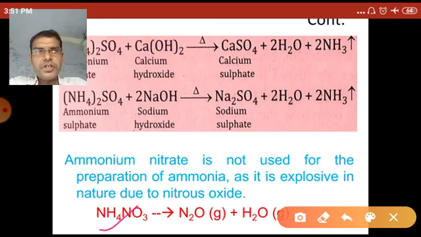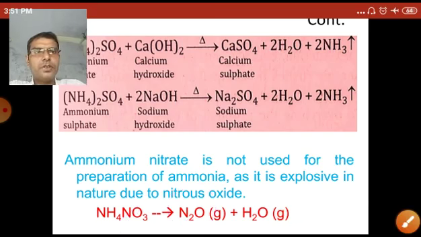When ammonium nitrate is heated, it forms nitrous oxide, and nitrous oxide is explosive in nature. So ammonium nitrate is never used for the preparation of ammonia. So this is the exception.